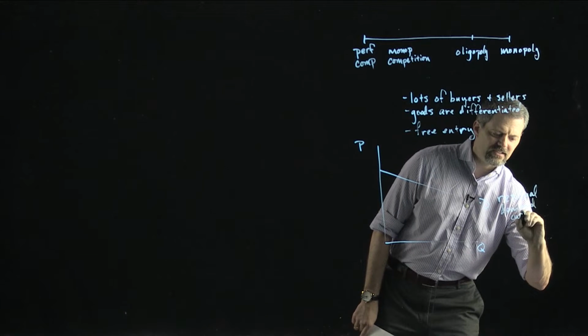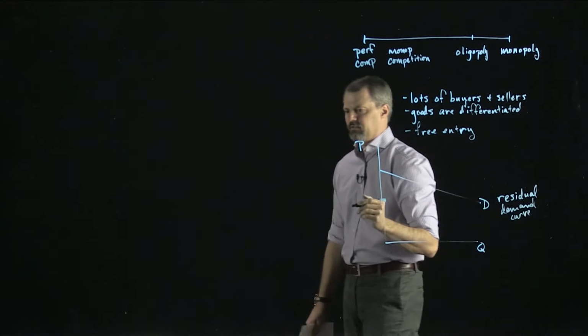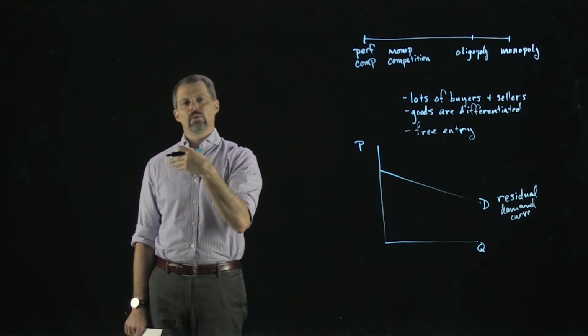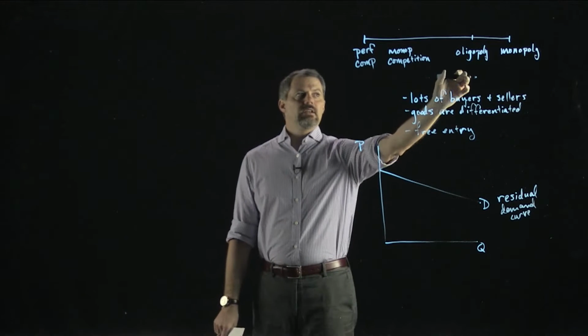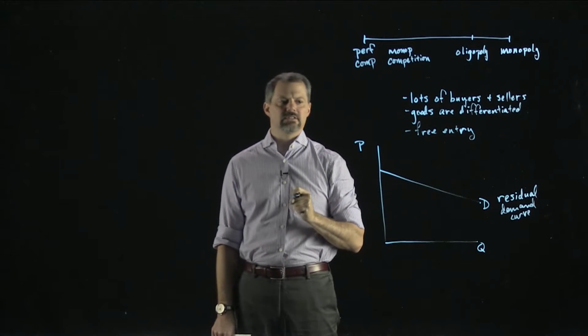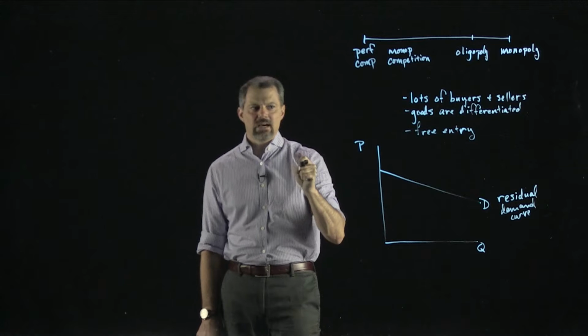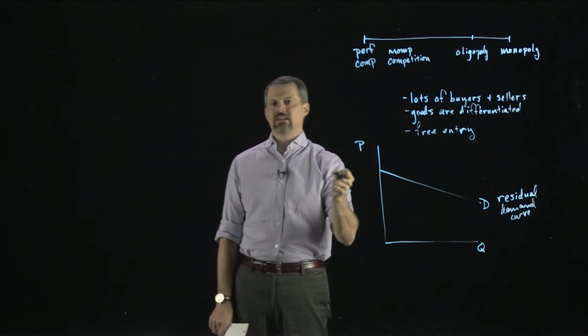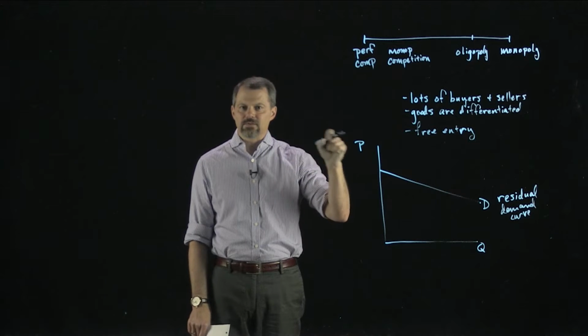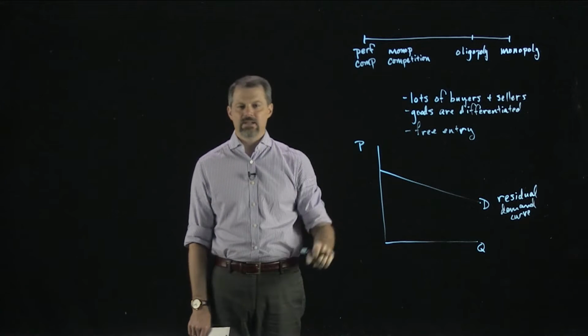This is the exact same type of demand curve as what we just talked about in the previous video, where we were thinking about the Bertrand competition model with differentiated goods, where there you had a residual demand curve and it was dependent upon the price that each firm chose. Same idea here.